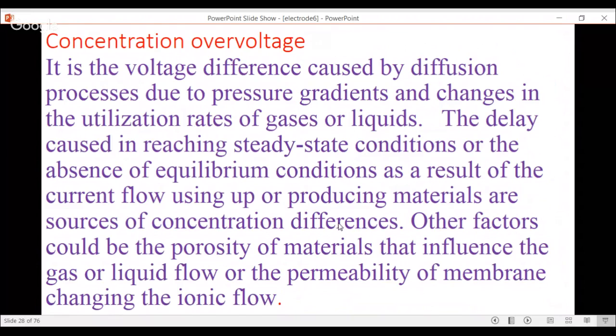We have already seen, for example, if you take a copper zinc electrode, the concentration of zinc 2+ ion very near to the electrode will be different from the concentration of zinc ions in the bulk of the solution. Other factors could be the electrode porosity that influences the gas and liquid flow, the permeability of the membrane changing the ionic flow, and all those things.